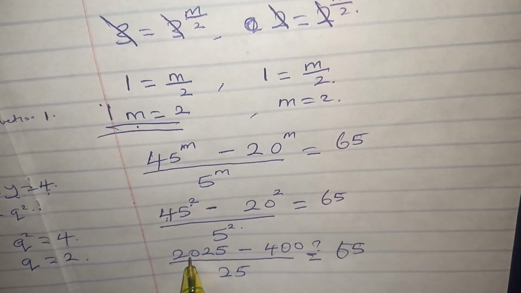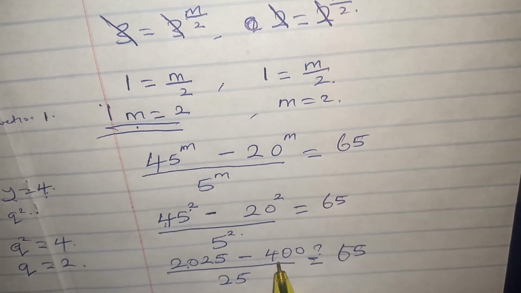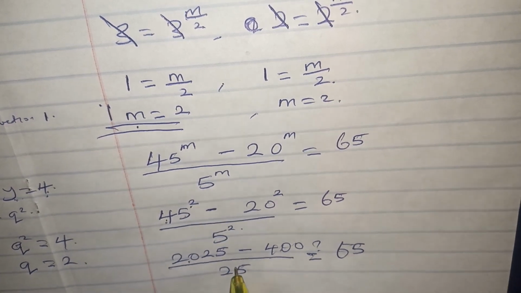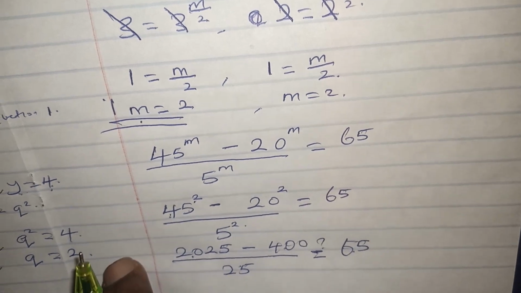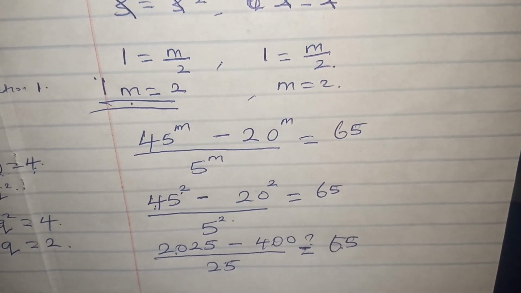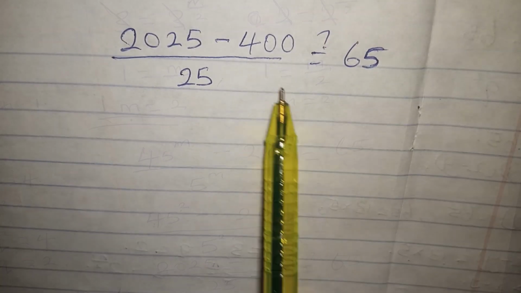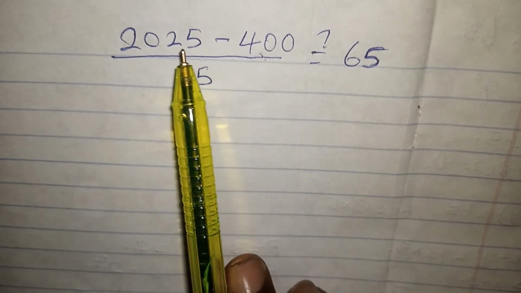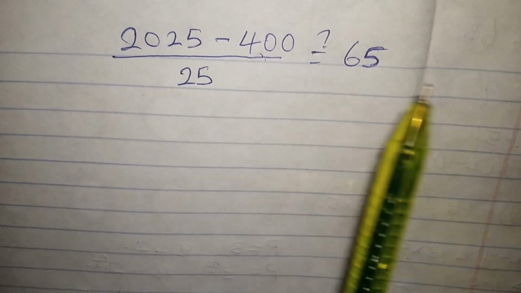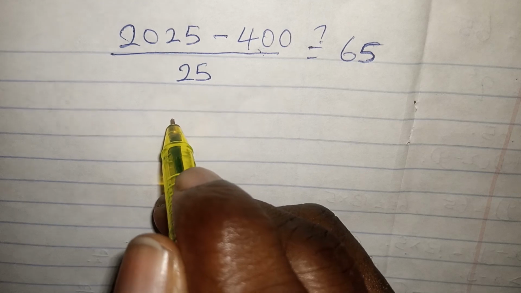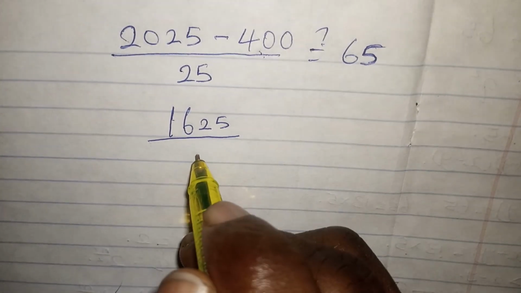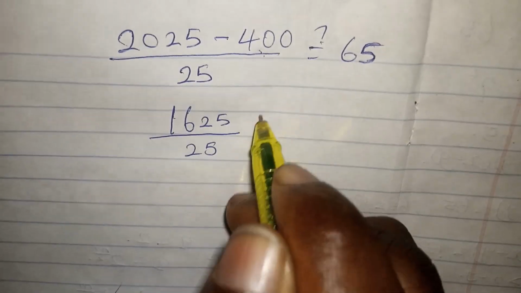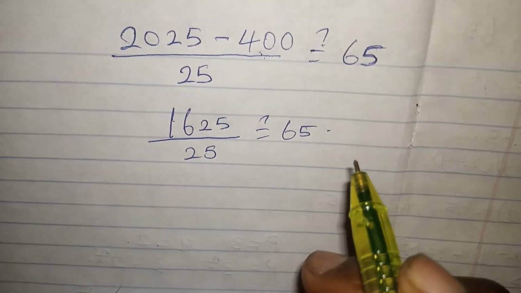So if we subtract this value and divide by this, it is going to give us 65. So let's do that. If we subtract 400 from 2025, we are going to have 1625 over 25, and this is equal to 65.